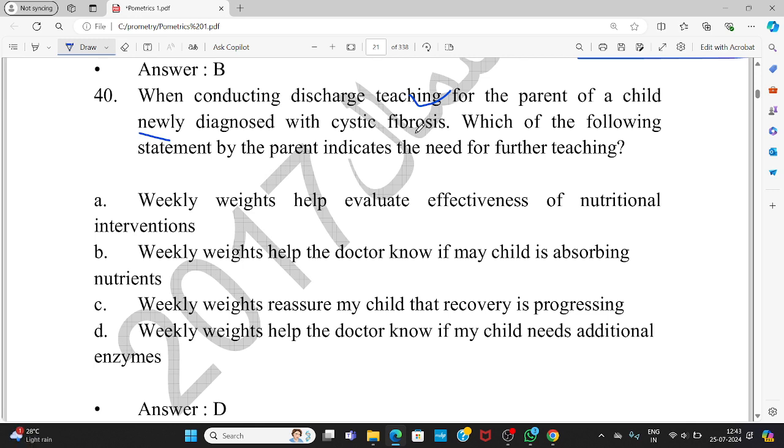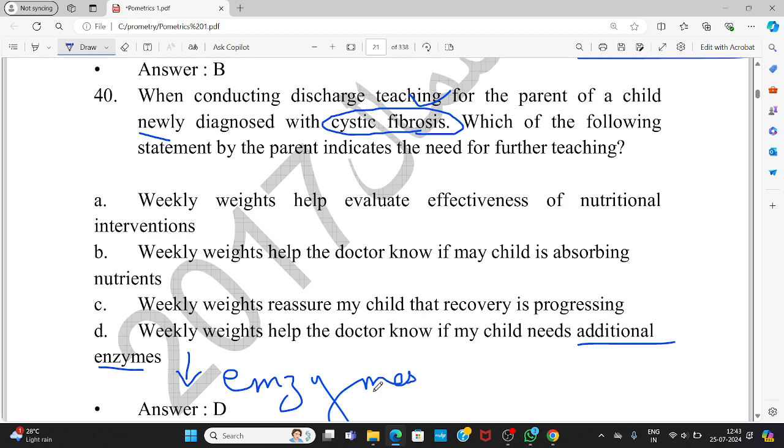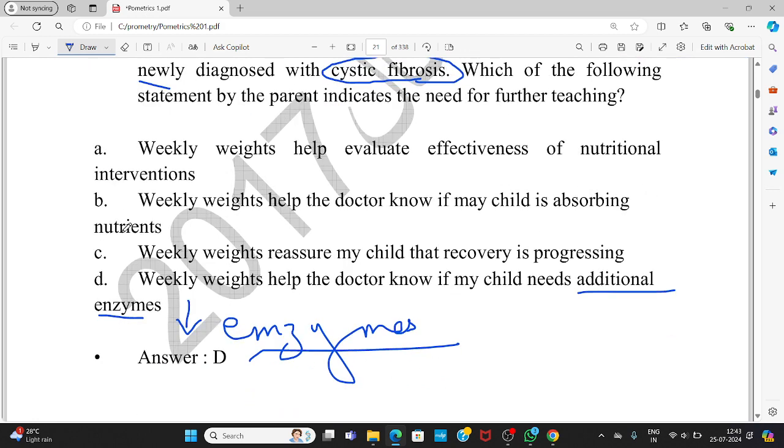So, cystic fibrosis is a condition where there is a deficiency of enzymes, decreased enzymes. So, if one of your options mentions enzymes, you can filter more. This is more accurate than the other choices where you don't have anything about enzymes. So this is how you can filter from the choices.